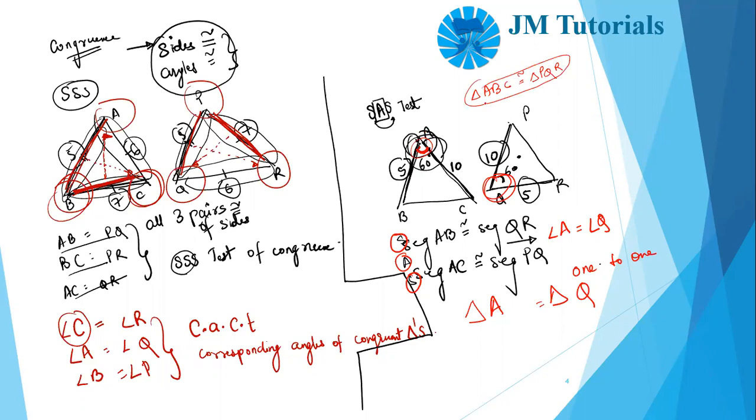Because A was 60, it should have gone with Q, but you are writing A के साथ P. This is first position, this is second position, this is third position. You look at the first and first position. You are saying A is corresponding to P, but that is not correct. A is 60, so it should correspond to 60 only. So I'll write A and Q.